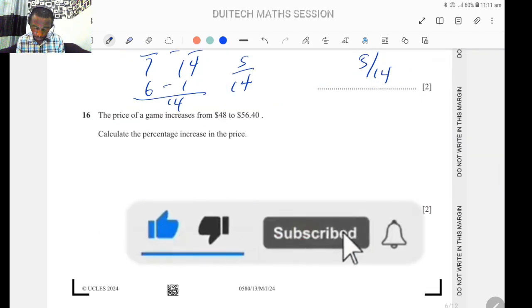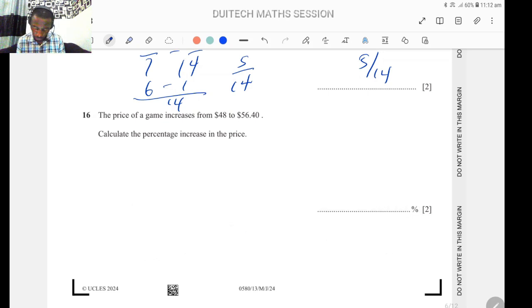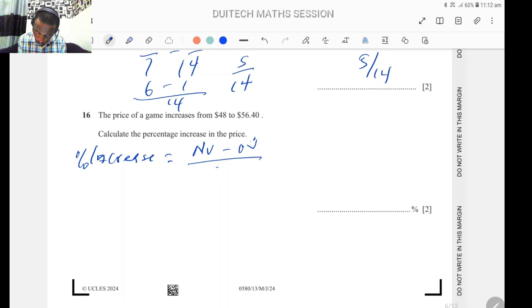So number 16 says the price of a game increases from this to this. Calculate the percentage increase in the price. So percentage increase is usually equal to what? New value minus old value, all over old value, right? NV minus OV all over OV. So the new value is 56.4 minus 48, all over 48.